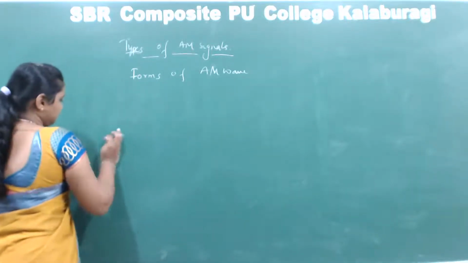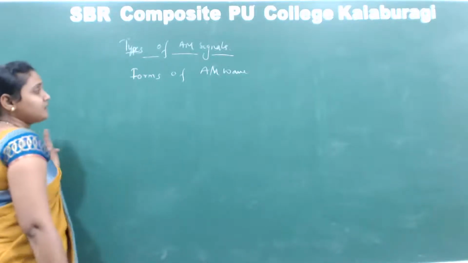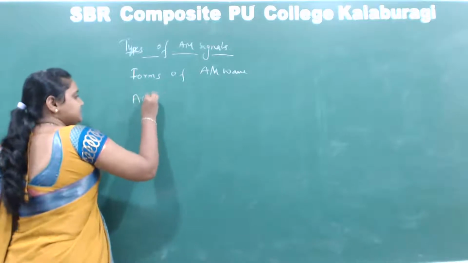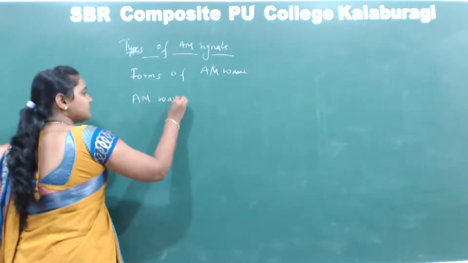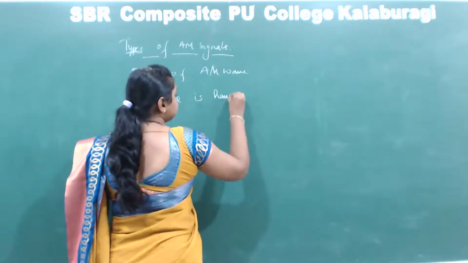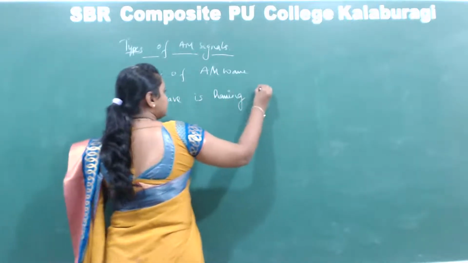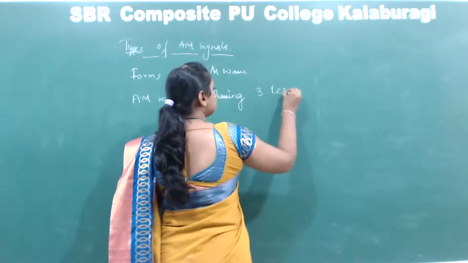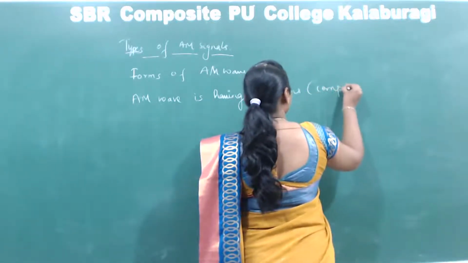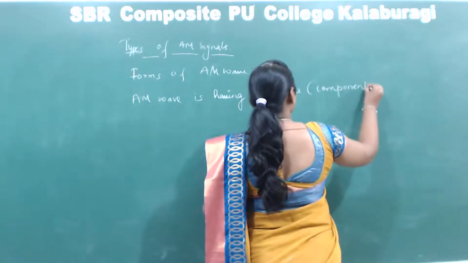So in the AM wave, we have seen that the AM wave is having three terms or components.